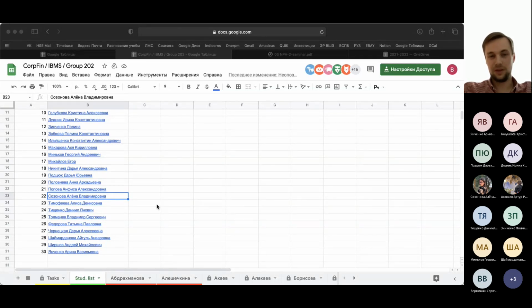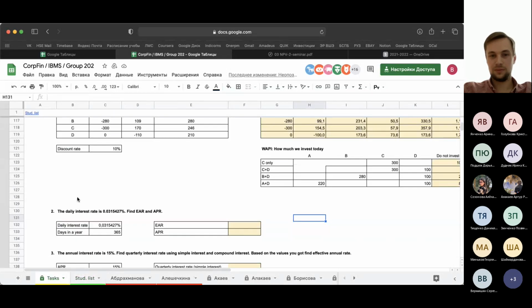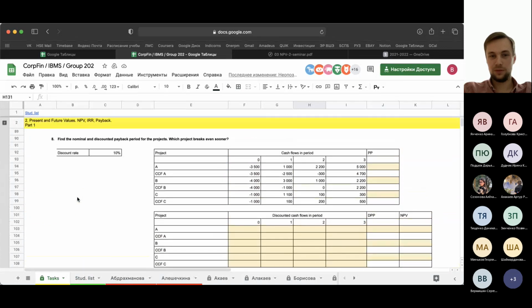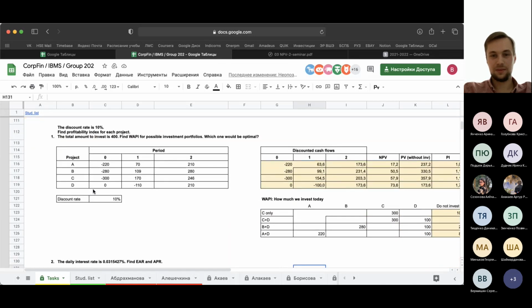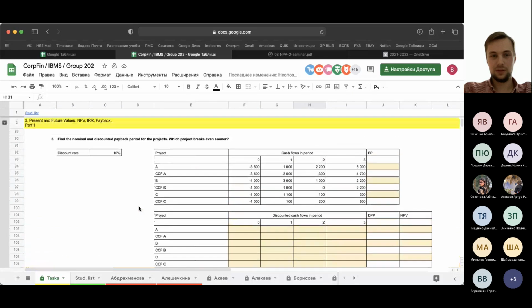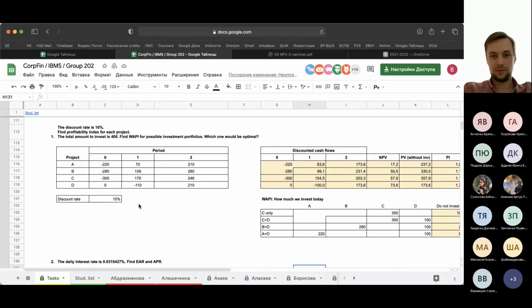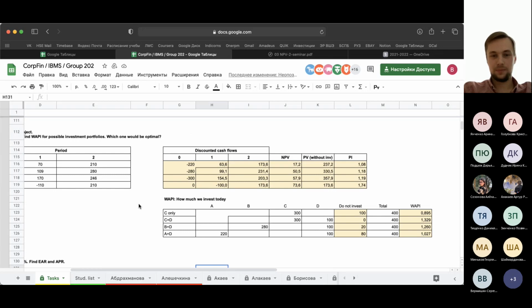Okay, we can start discussing the next one. Sorry, I have another question about the first task we did, the first NPV task, where we found the discount rate, it was 10%. Yes, exactly this task. Here we found the NPV 73.6 and the PV also 73.6, and I'm doubting about this.